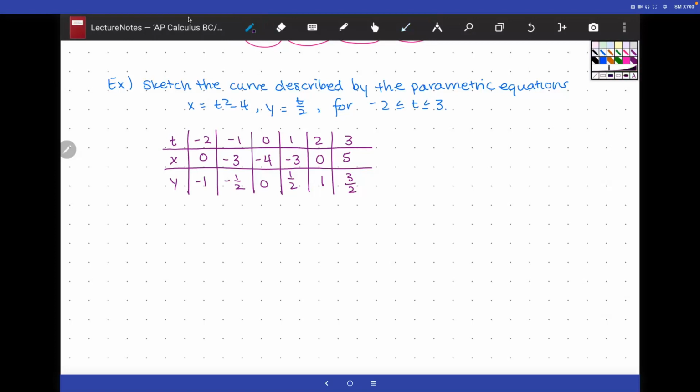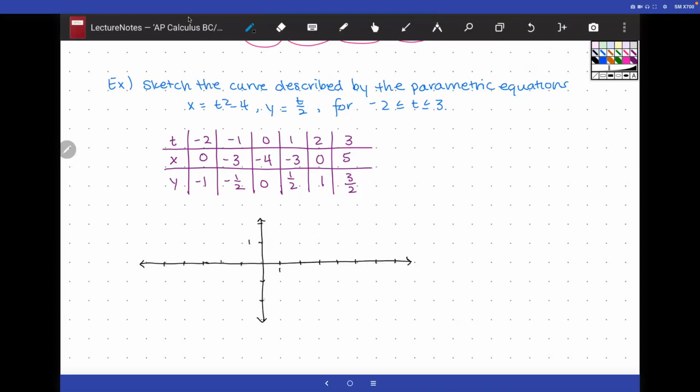Let's see here. We got x has to go from -4 to 5. Y doesn't have to go very far. I'm going to make a wide but short graph. I'll make my scale 1 on both axes.